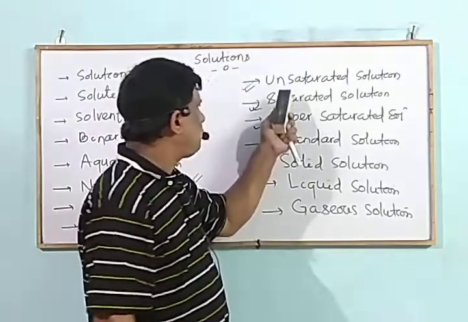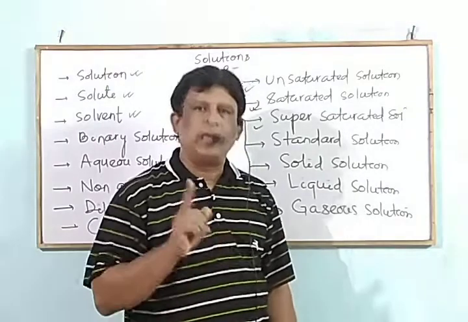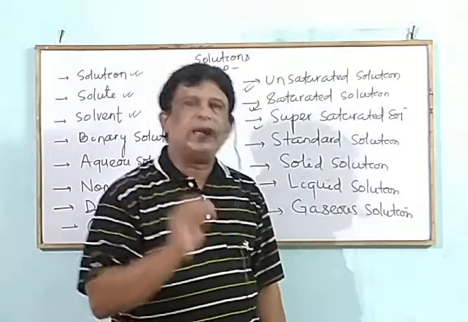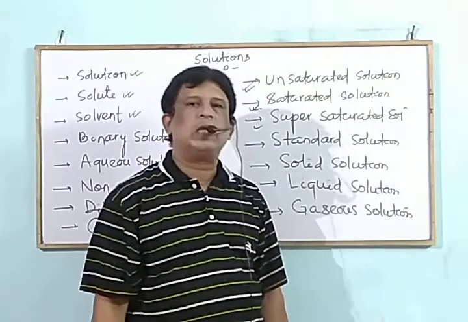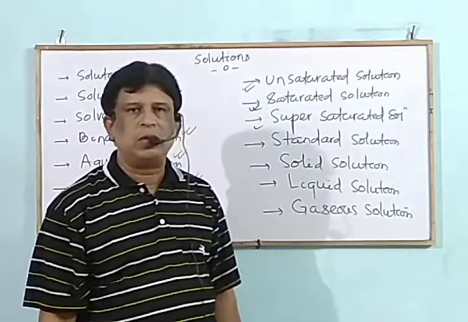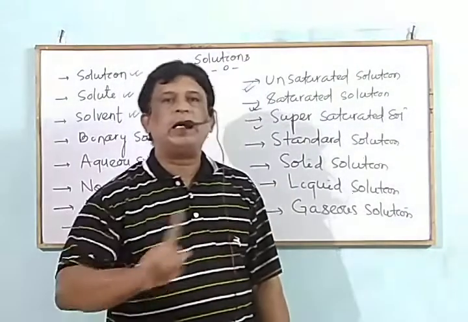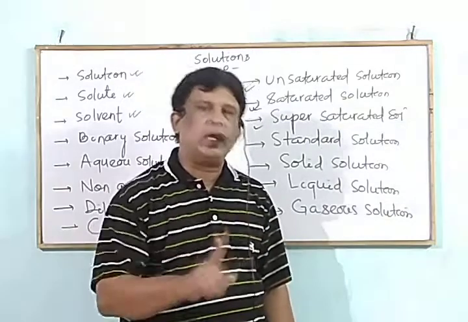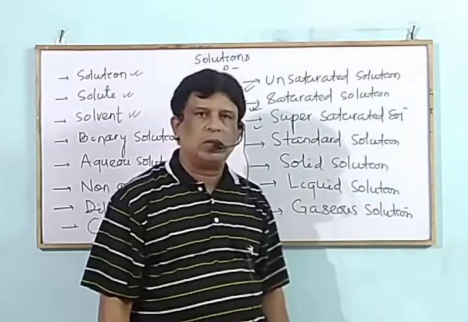First one is unsaturated solution. The solution in which less quantity of solute is dissolved at a particular temperature is known as an unsaturated solution, while the solution in which no more solute can dissolve at room temperature is known as a saturated solution.